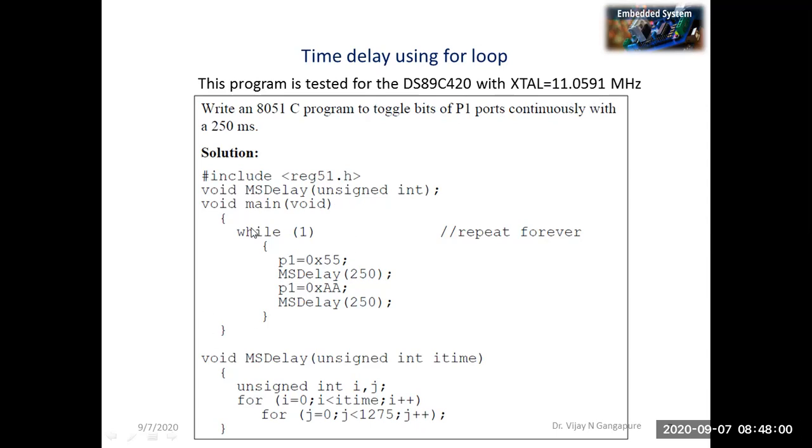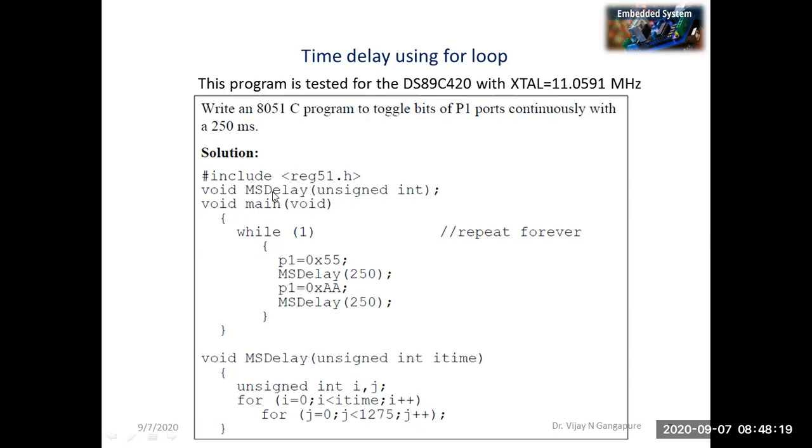Now let us discuss the program written for this program statement. The first preprocessing statement is include reg51.h, then void msdelay, and in parentheses unsigned int, and a semicolon.